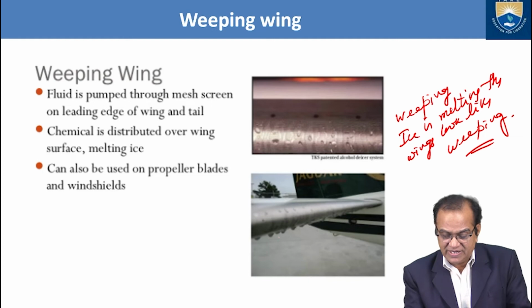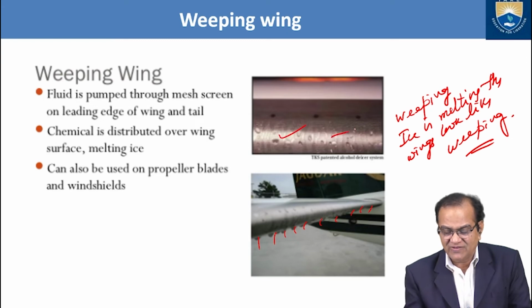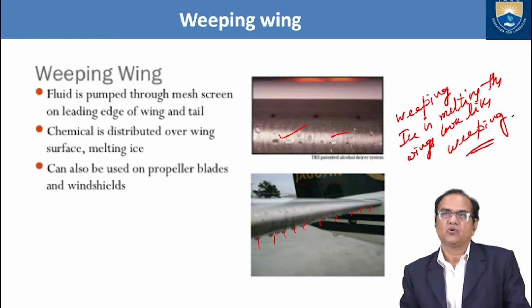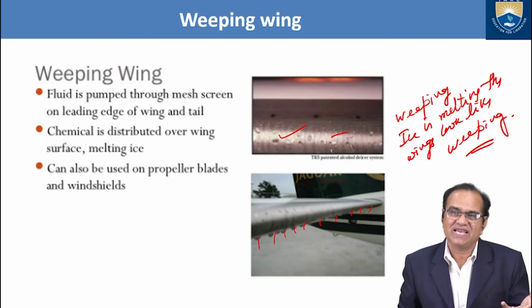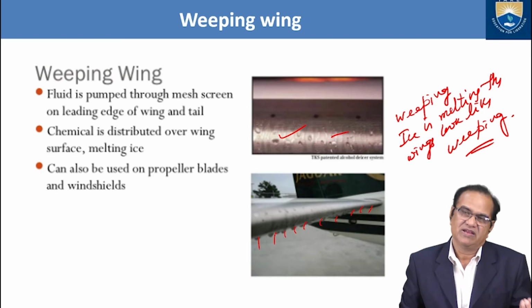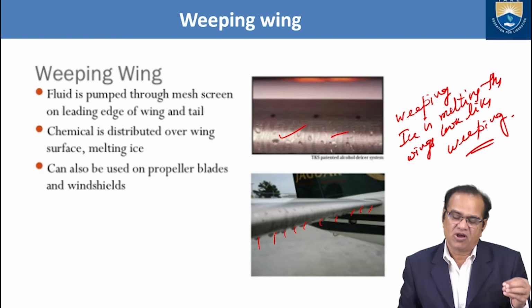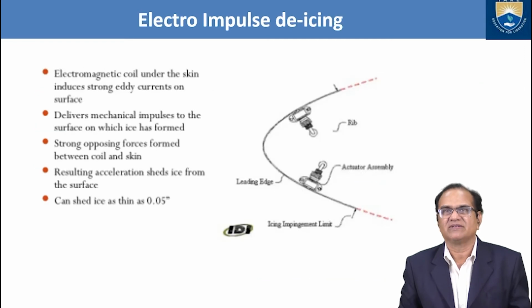Okay, as shown here, tears are falling, all the water is falling, so it is given the name weeping. Weeping of the wing means the melting of ice due to some chemical or some electrical method, and these water drops are falling. This is called the weeping of the wing.